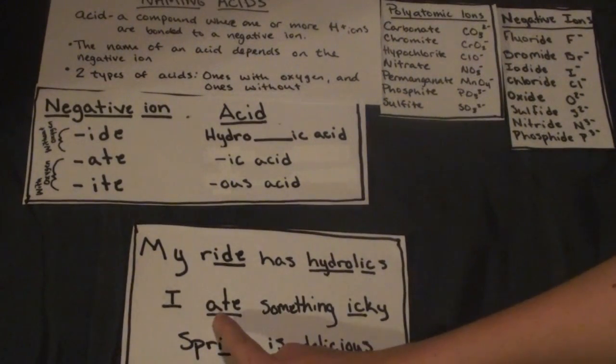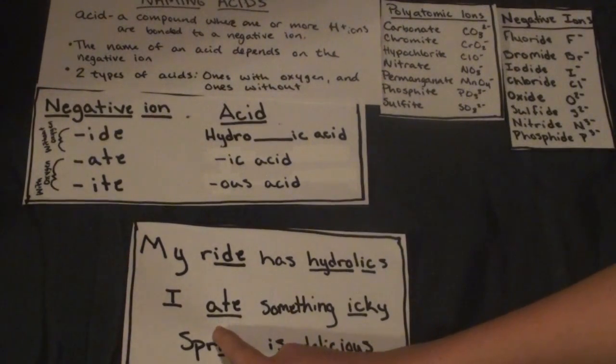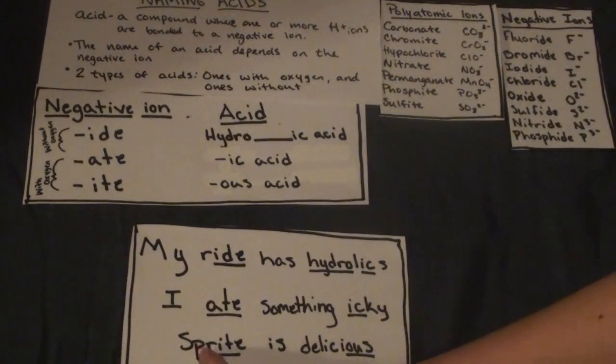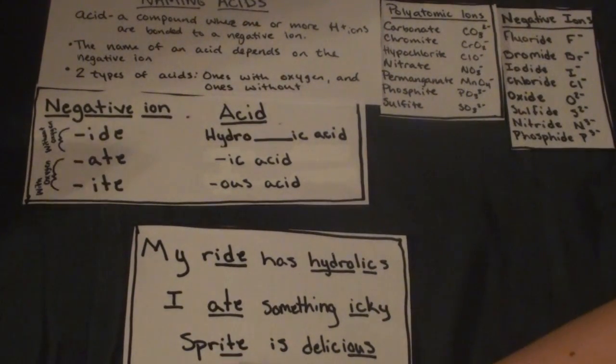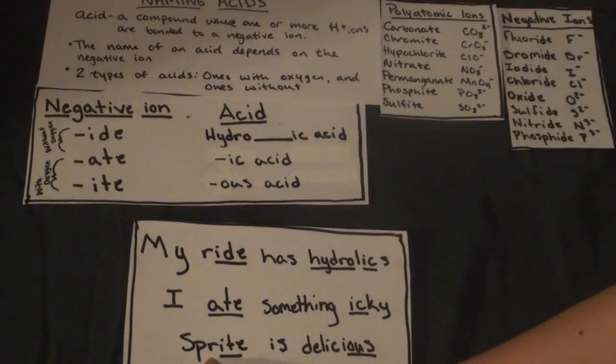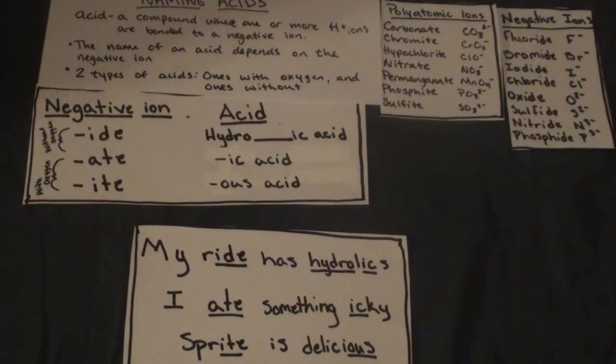The second rule, like here, says that an ATE ending turns into IC acid. Sprite is delicious. This is like the third rule because if the ending is ITE, it turns into OUS acid. There you have it, and that's how to name acids.